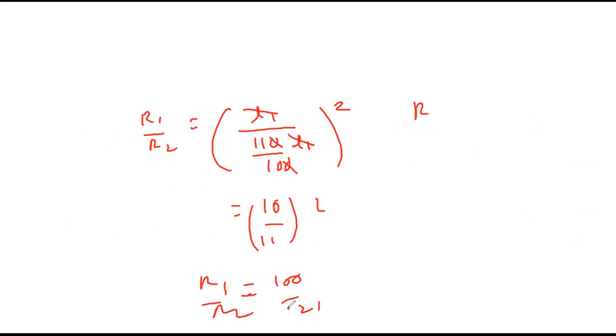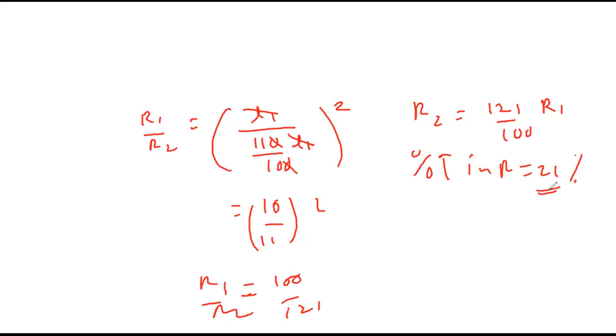Therefore, R2 is 121 upon 100 of R1. Therefore, the percentage increase in R is 21%. Now everybody has followed this, when to use directly proportional to L square and when to use the ratio L1 by L2 square? Yes, sir. Okay, next.